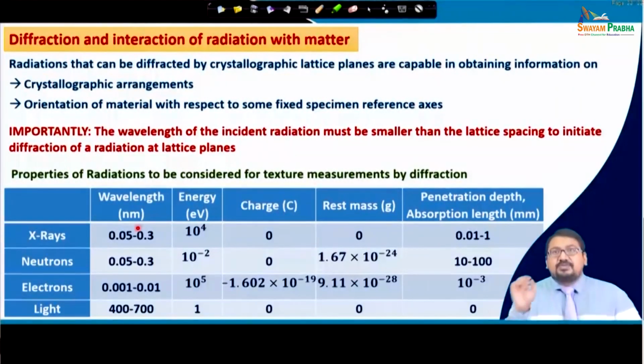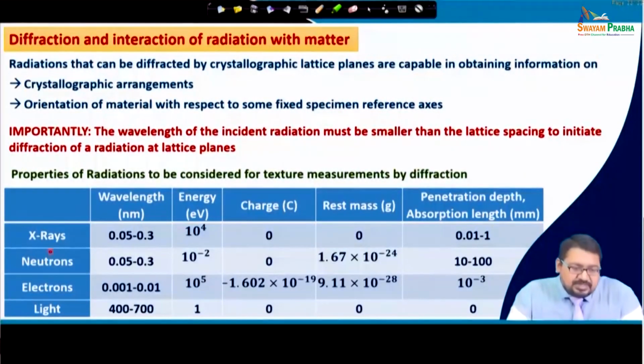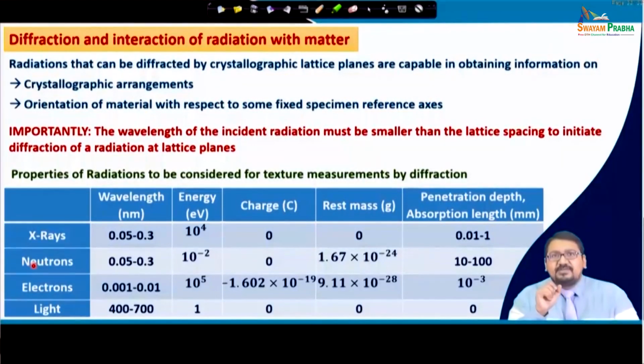interaction of X-rays with the matter basically decides the penetration depth and the absorption. Neutrons, you see, have the same wavelength, their energy is also less, their charge is 0, and they have a higher rest mass. X-ray does not have any rest mass, but the neutron has 1.67 into 10 to the power minus 24 grams rest mass per neutron, and so its penetration depth is much higher, about 10 millimeter to 100 millimeter, or sometimes more for some materials.